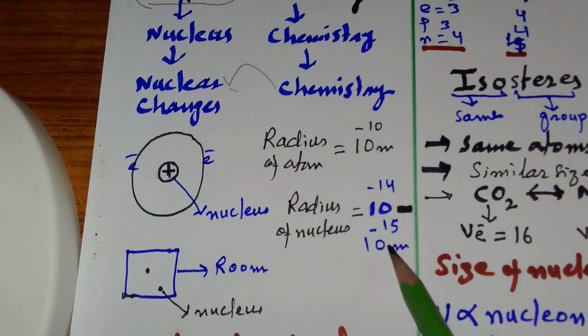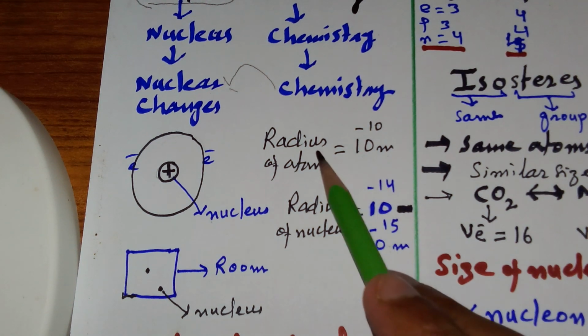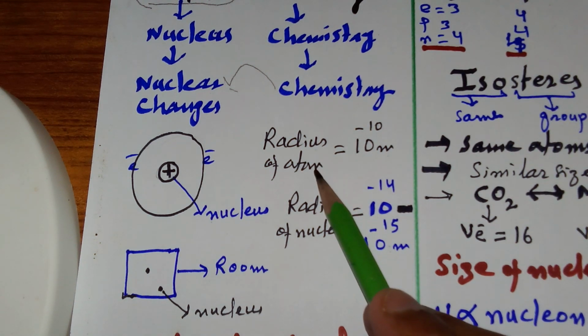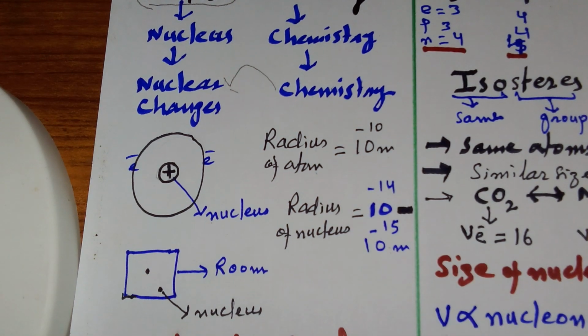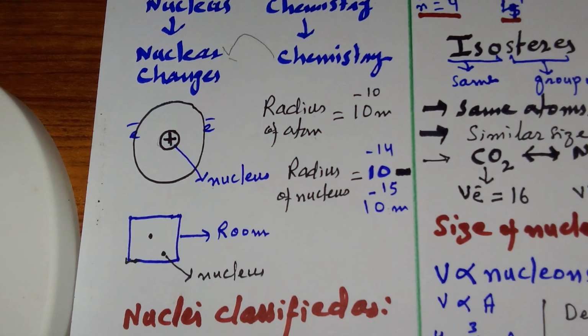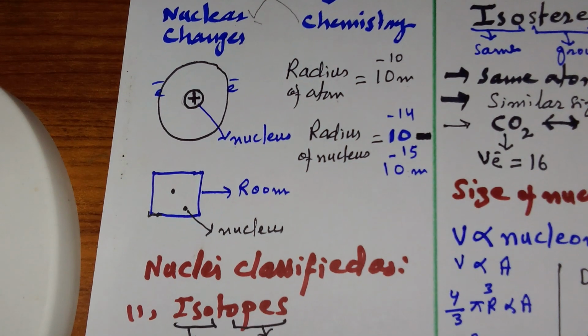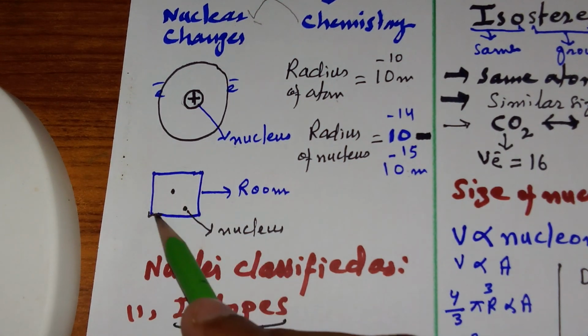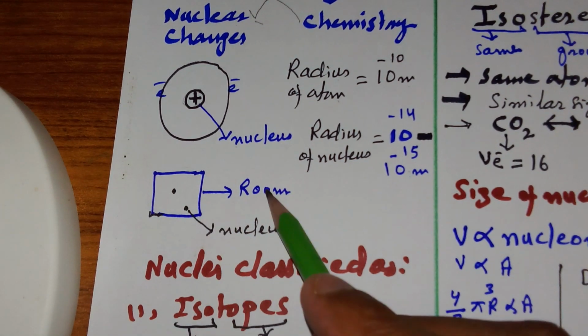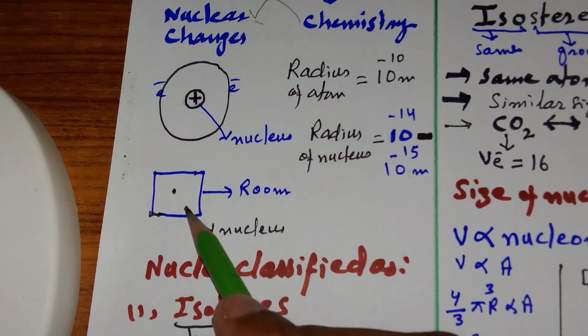So you can see how much smaller the nucleus is than the radius of an atom. How can we compare the radius of a nucleus with the radius of the whole atom? Suppose we have a room, and a very small object, a stone, is lying at any corner of the room.